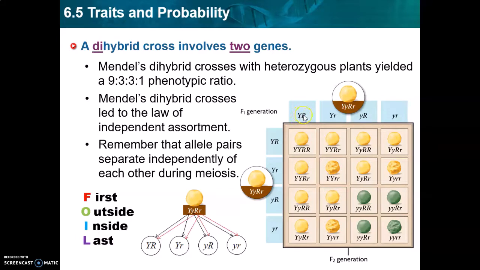So we have a gene Y and a gene R in this example, so you need 1 Y and 1 R. We wouldn't have 2 Ys here because remember the law of segregation tells us that those 2 Ys separate from each other into different gametes. That's why we never have 2 Ys in any of these gametes, and we never have 2 Rs. There's always 1 Y with 1 R in each of these gametes. And the easiest way to figure out what those are is to follow that FOIL method, just like what you learned in math class.